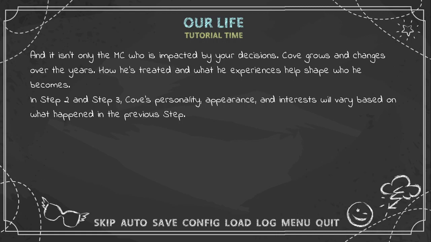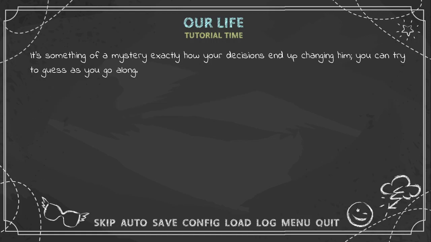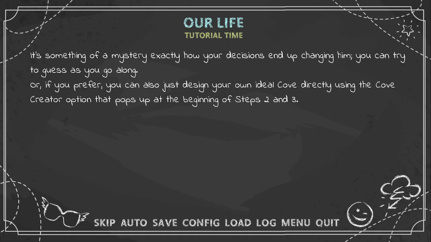In step 2 and step 3, Cove's personality, appearance, and interests will vary based on what happened in the previous step. It's something of a mystery exactly how your decisions end up changing him. You can try and guess as you go along. Or if you prefer, you can just design your own ideal Cove directly using the Cove Creator option that pops up at the beginning of step 2 and 3.